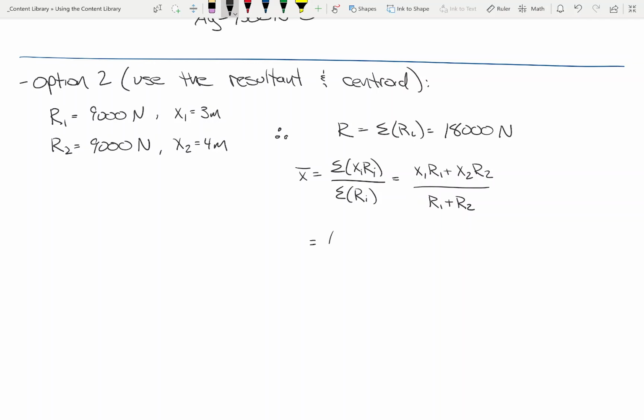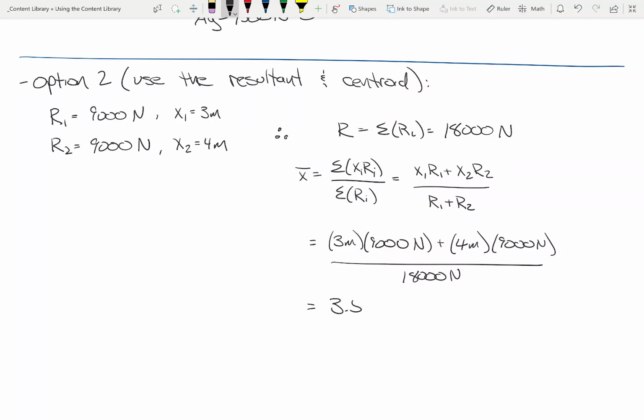So we'll plug and chug. And I think you could probably guess what this value is going to be just by looking at the numbers. It's going to be 3.5 meters. Is that okay?